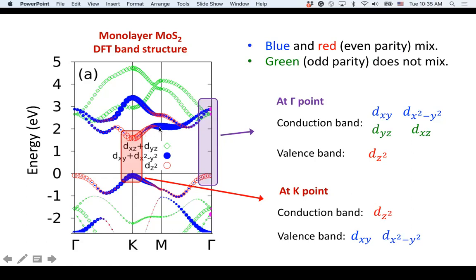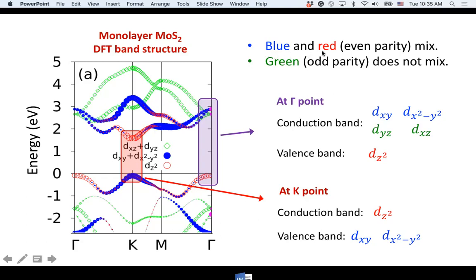So you can see that the green dots don't overlap with the other two colors. The red one and the blue one mix together, right? But the green ones are decoupled because they have odd parity. So this helps us to simplify the situation.